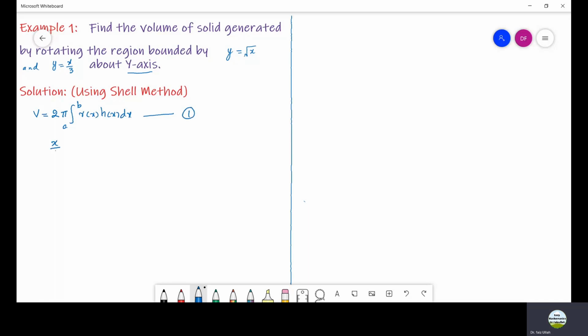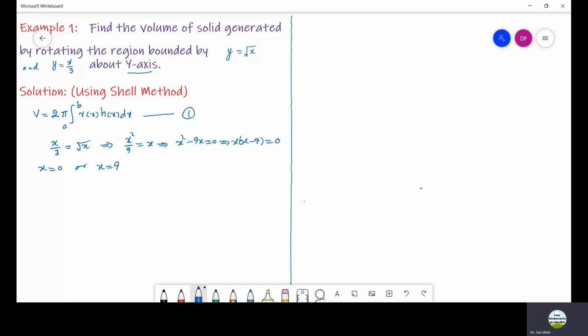So we equate the two curves. And from here, if we simplify, we have x squared by 9 is equal to x, which gives x squared minus 9x is equal to 0. And from here, we have x times x minus 9 is equal to 0. So we have 2 points: x is equal to 0, and the other point is x is equal to 9.